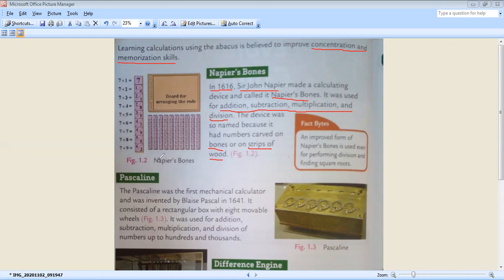After this came the Pascaline. The Pascaline was the first mechanical calculator, invented by Blaise Pascal in 1641. It consisted of a rectangular box with 8 movable wheels, as you can see here.